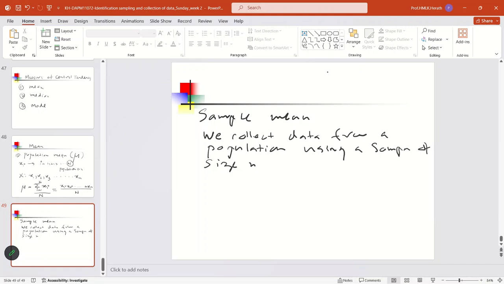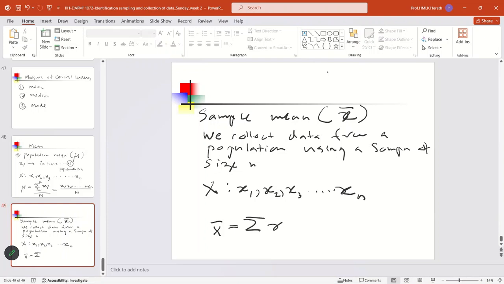Then our data will look like x1 up to xn. The sample mean is denoted by x bar. Then x bar equals the summation of xi, i equal to 1 to small n, divided by small n.